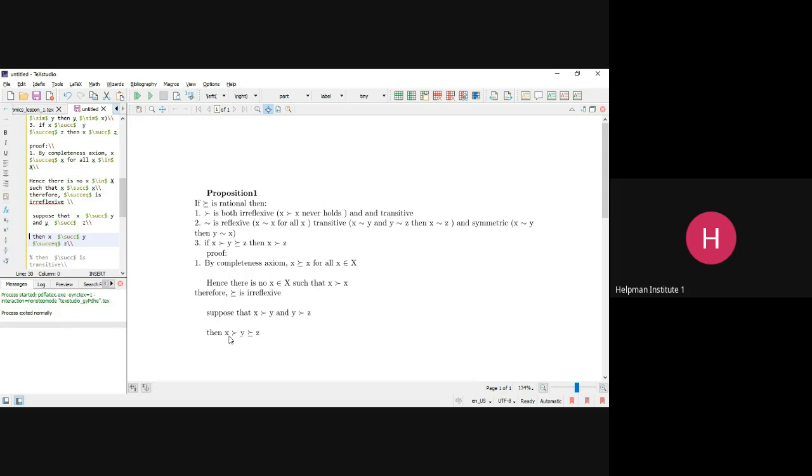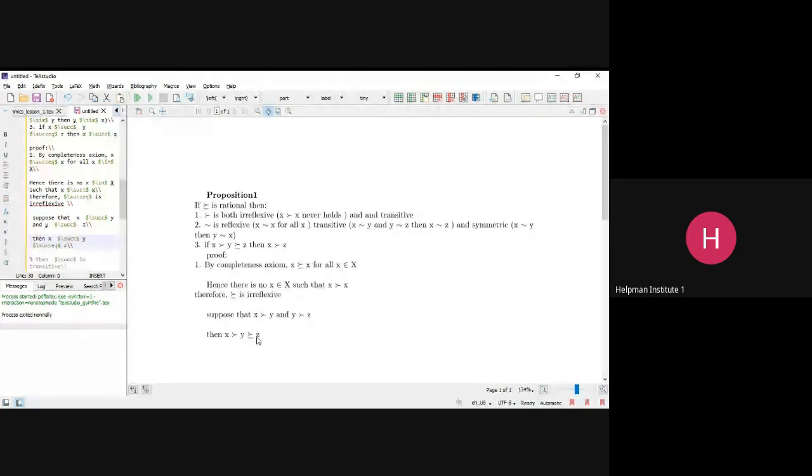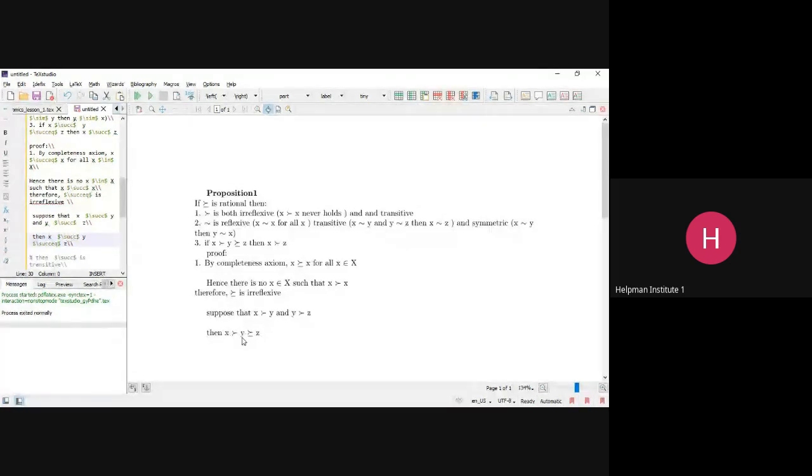So x is preferred to y and y is at least as good as z. So I can rewrite this, definitely with transitivity as a core. So now I have proved transitivity with that. So this is the transitivity part.